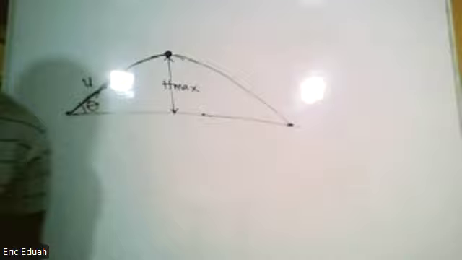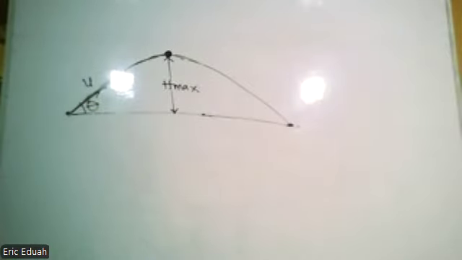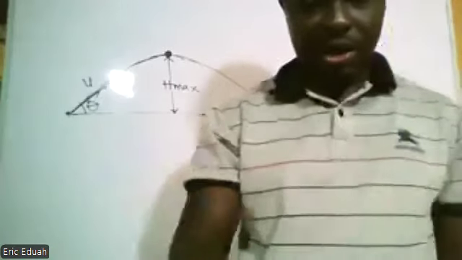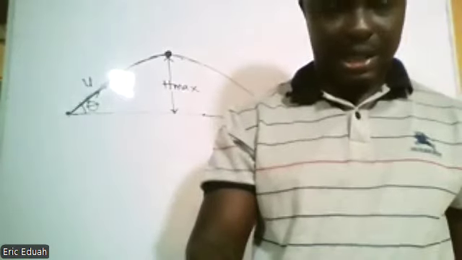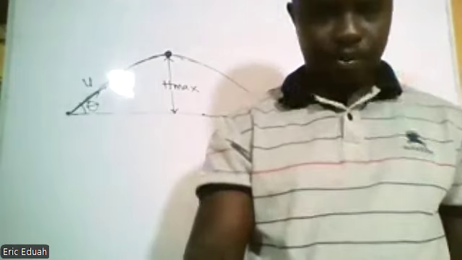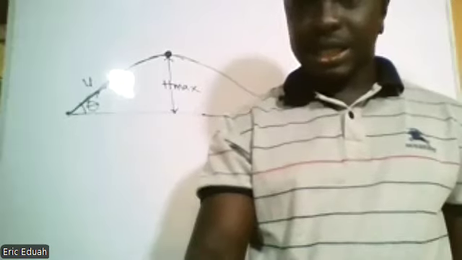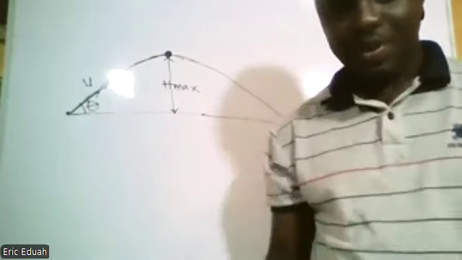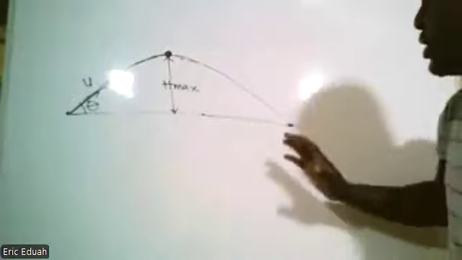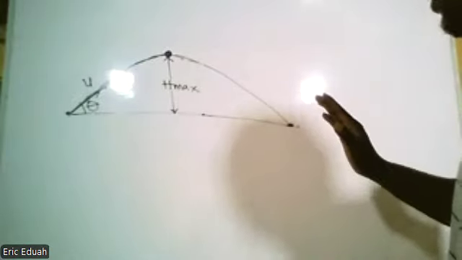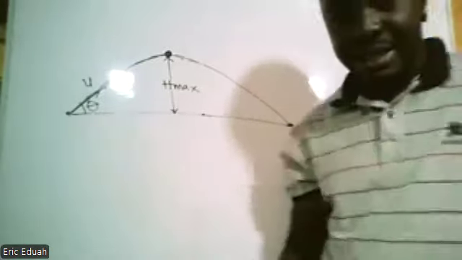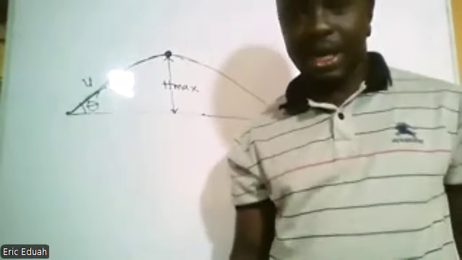Explain. Yes, views. Let me pick your views. What do you think will be the velocity of the baseball at the maximum height? Hilda, this question belongs to you. Hilda, what is your view?